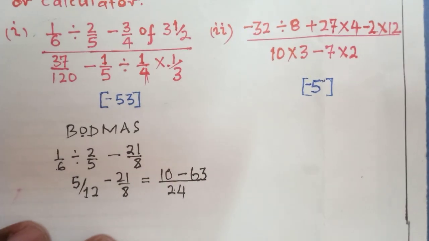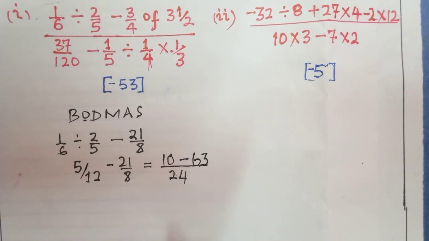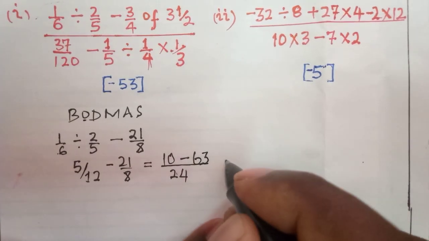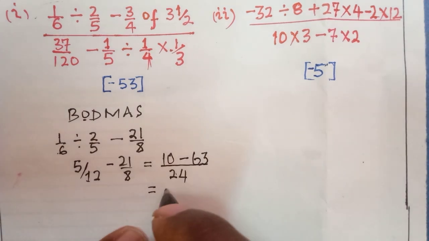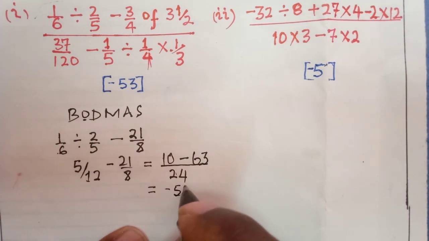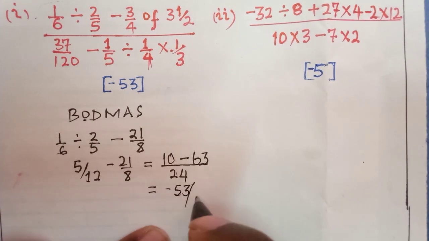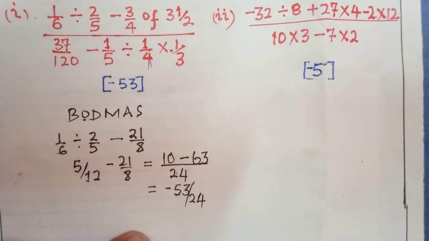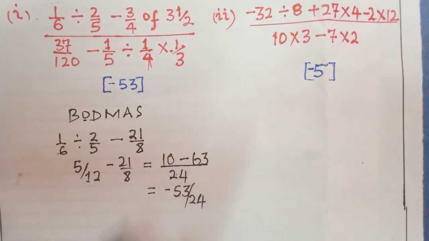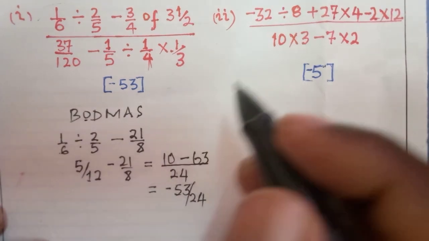Like that, guys. So finally, this is going to give us negative 53 all over 24. So that is for the numerator. This one was for numerator.